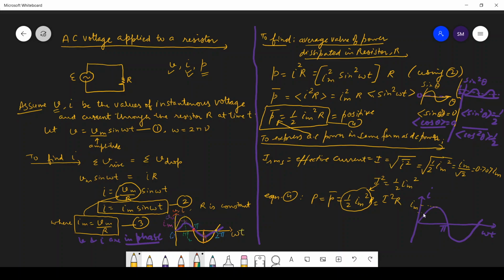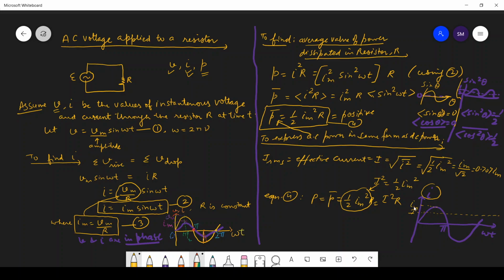This is the instantaneous current, which is varying.